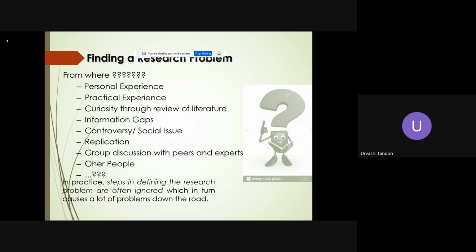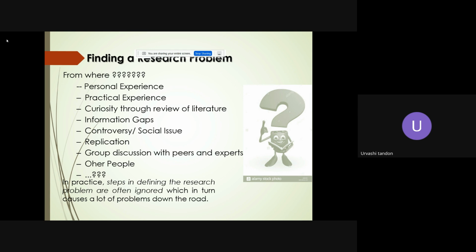And at times there is a controversy or a social issue, let's say women empowerment, or nowadays gender harassment, right? Men harassment is also there, right? So these are the social issues for which you want to have a solution. And replication: at times we replicate the older studies, the previous studies.